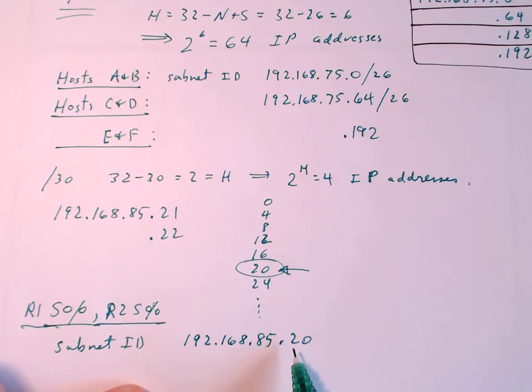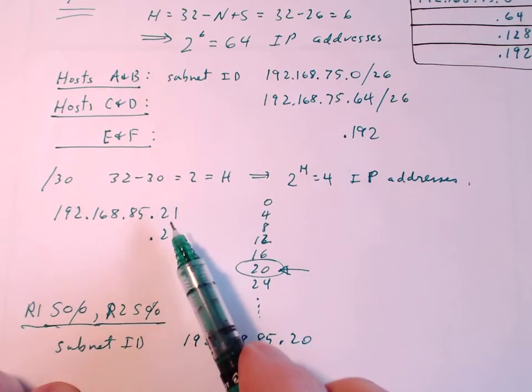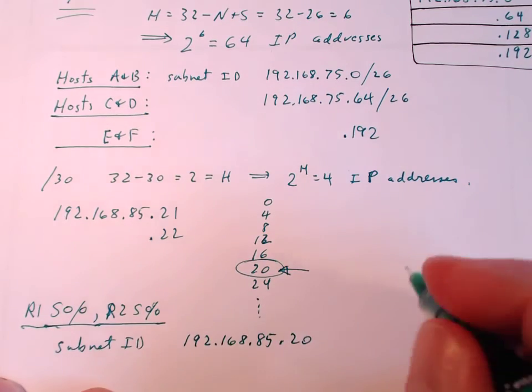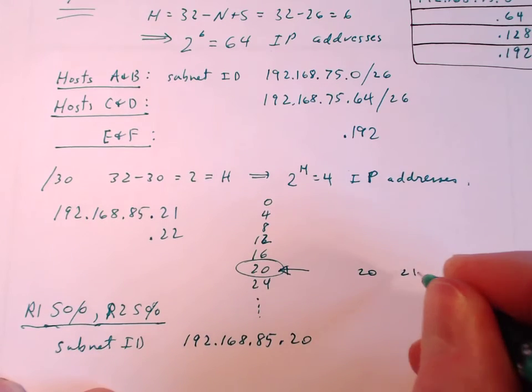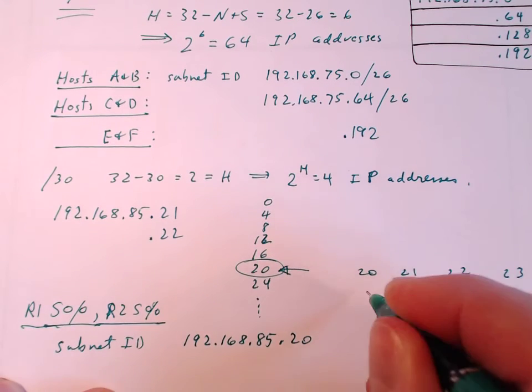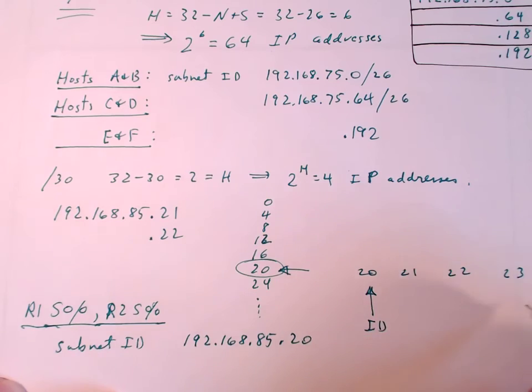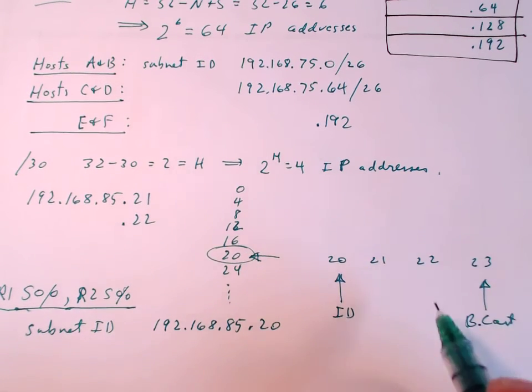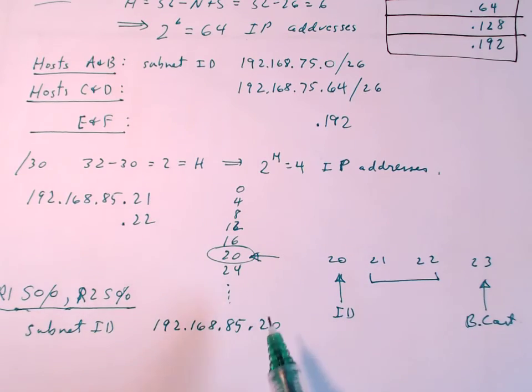They are those exact 2 addresses which are in the range from 20 to 23, but 20 is the ID and 23 is the broadcast. So these are the available IPs in that subnet.